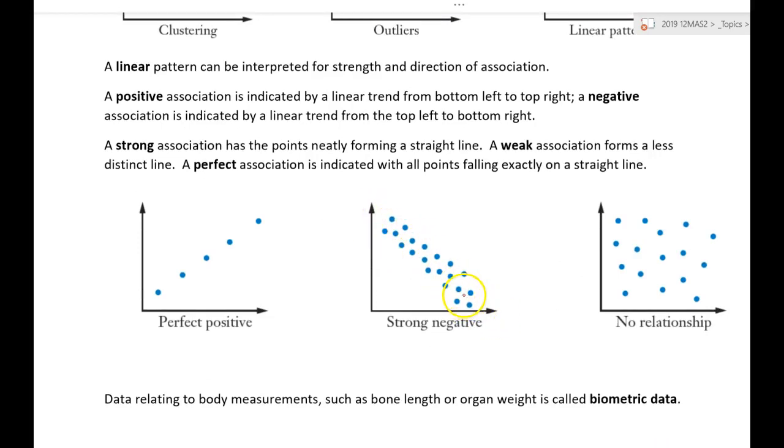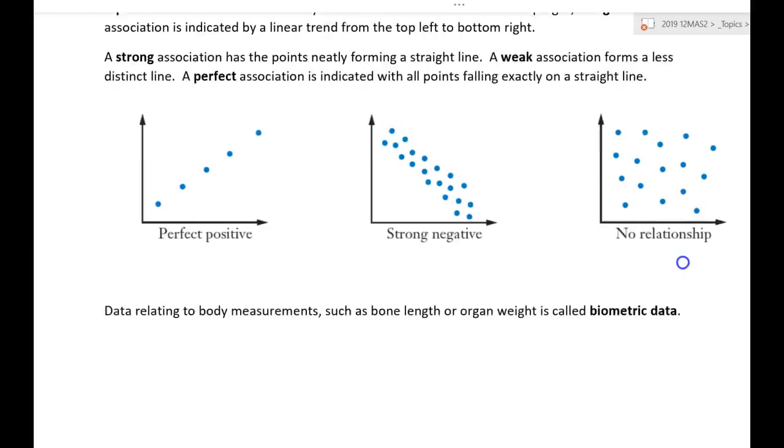It's negative because it's going down. Its strength is not in the steepness, but in how neatly they form a straight line. I can't observe a pattern here, whether it's going up or down. Here I observe a positive association and a very clear one as well. If they fall in a perfect line, we call that a perfect association.